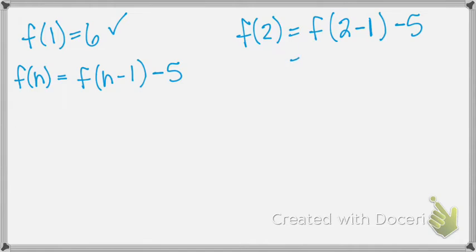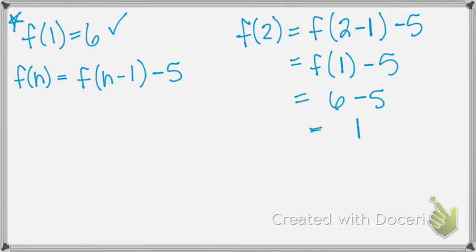So now we just simplify. F of 2 minus 1 is 1, minus 5. Well, then you have to go back over here to the previous term, right here, and say, well, f of 1 was 6, and 6 minus 5 equals 1, okay? So now we know that f of 2 equals 1.